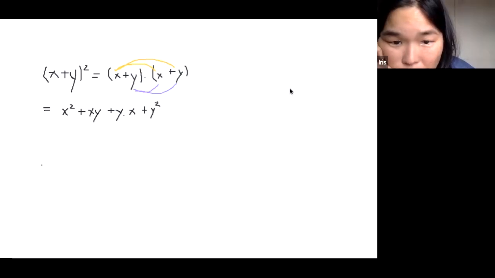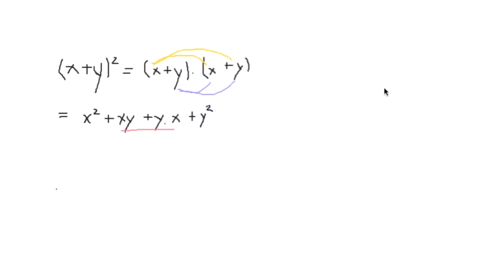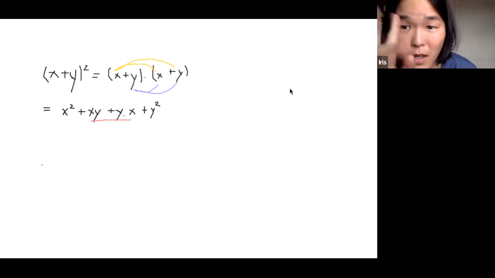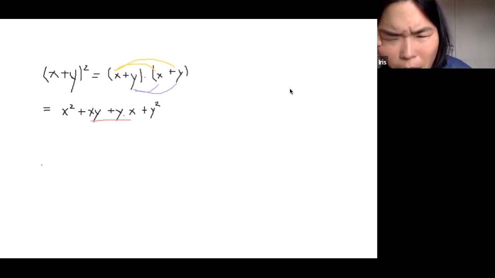Then what we need to notice is that xy and yx are the same. It's like saying 2 times 3 is the same as 3 times 2. It's the same with addition too: 2 plus 3 is 3 plus 2. That's what we call the commutative property.